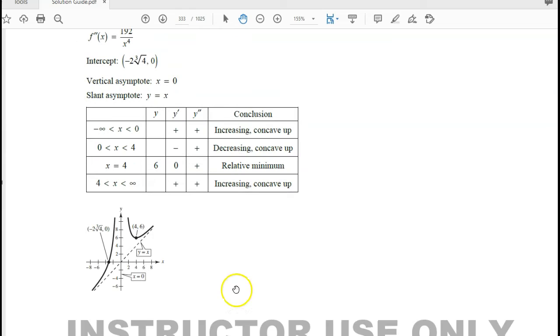Here's the graph. Slant asymptote, vertical asymptote. You can't see that here, but there's an asymptote here. I don't know why they didn't draw that in better. I guess they just put this little line there.